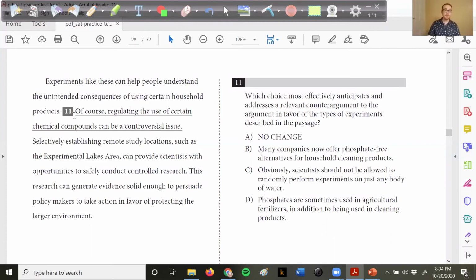Of course, regulating the use of certain chemical compounds can be a controversial issue. Now let's see here. Which choice most effectively anticipates and addresses a relevant counter-argument to the argument in favor of the types of experiments described in this passage?